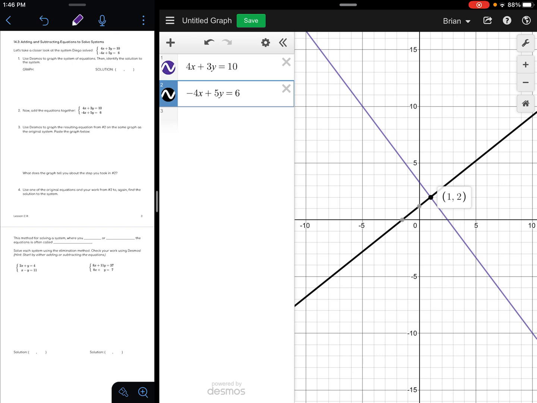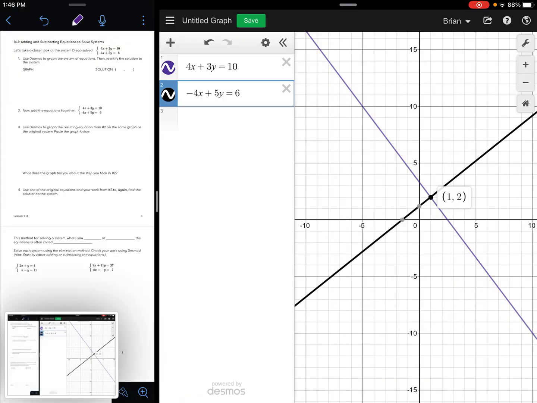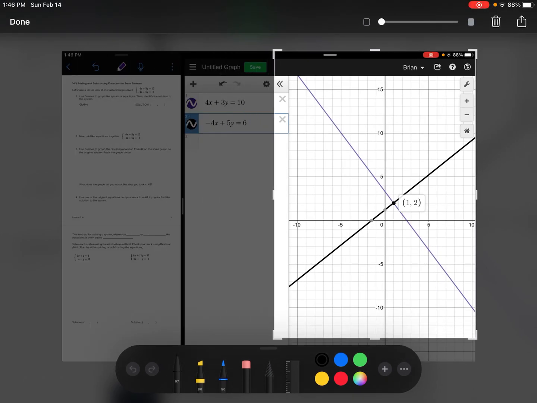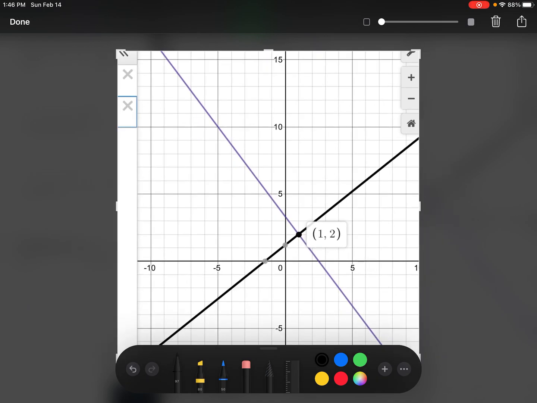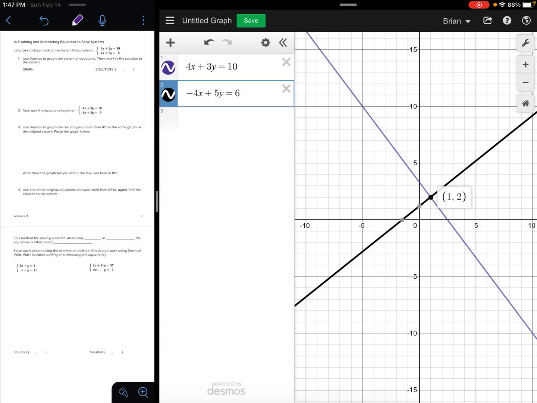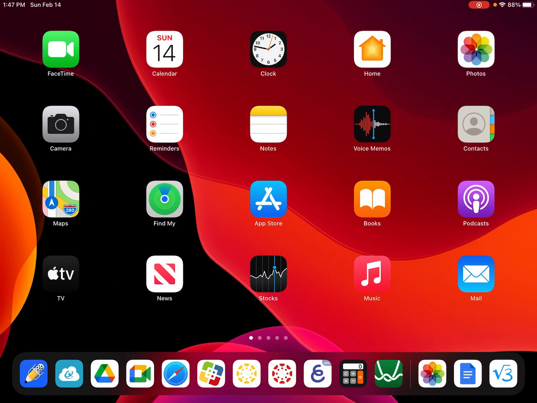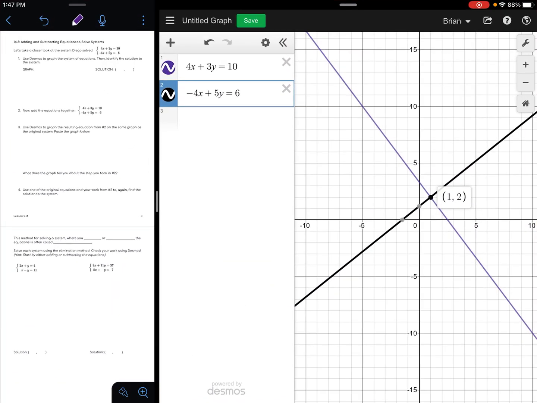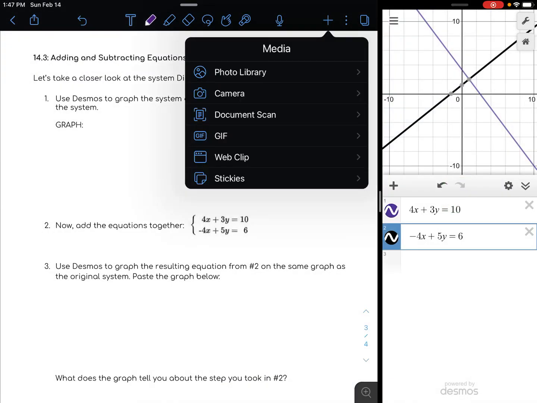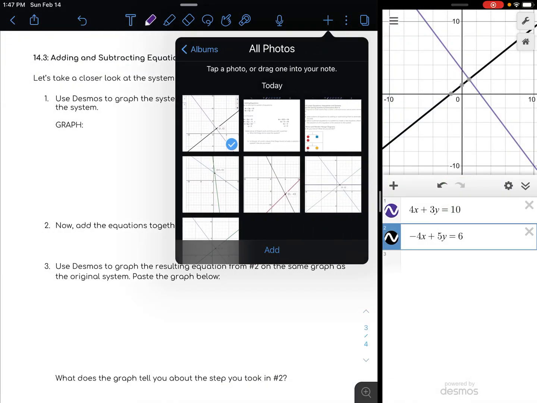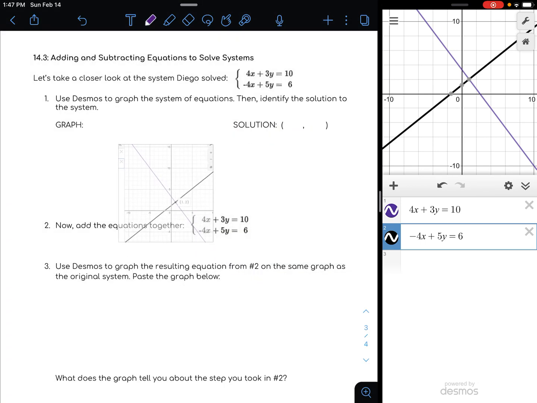So let's go ahead and screenshot that and crop it up so we can bring it in easily to our notes here. Shrink it down a little bit to fit, drag it in here.